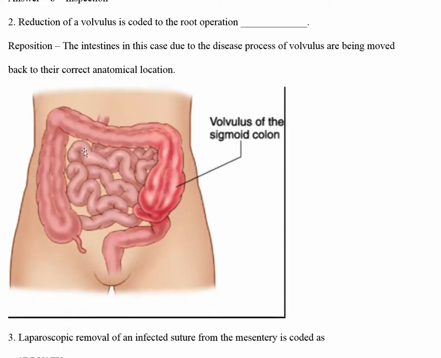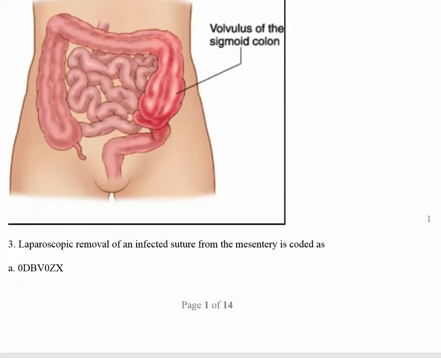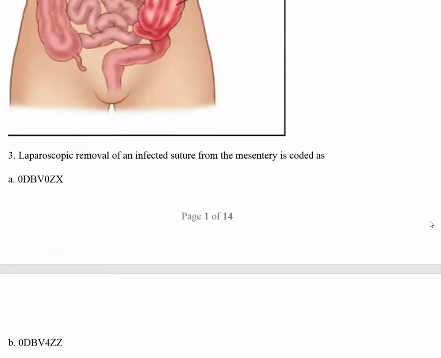And you have a picture here on your slide, on your document. You could also, of course, use your medical dictionary as a reference, or use Google search or another search engine to find a picture or get a definition of what volvulus means.